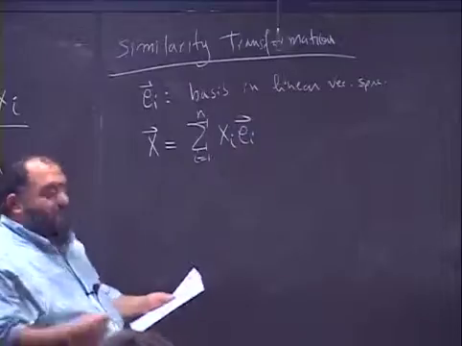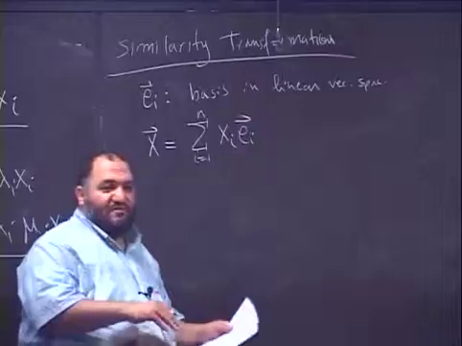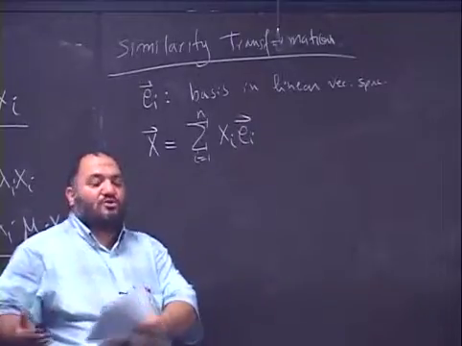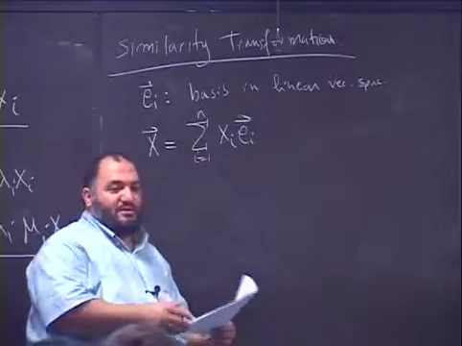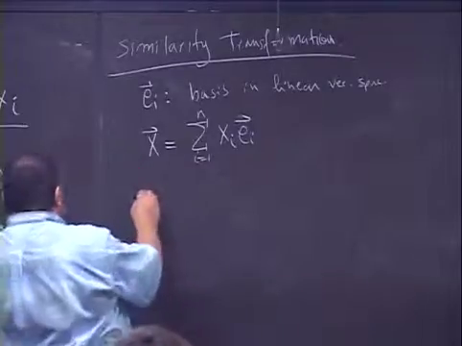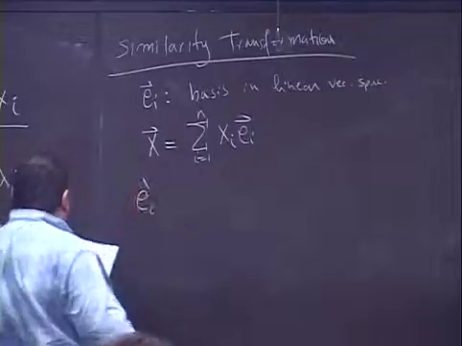Now, we want to know how we can transform a vector from a set of bases to another different set of bases. So let's assume that we have another set of bases, which we will call e_i prime.